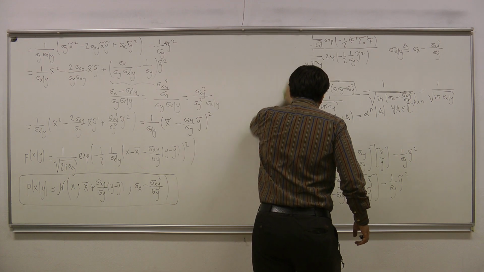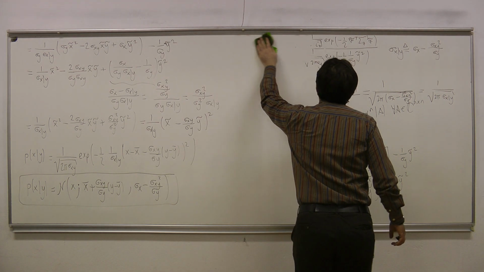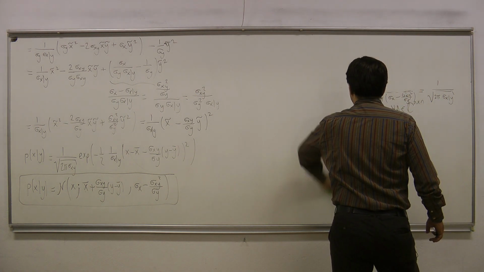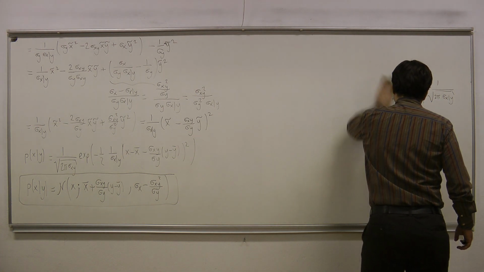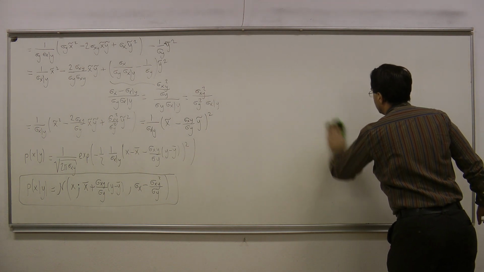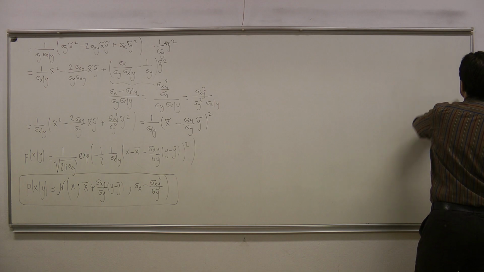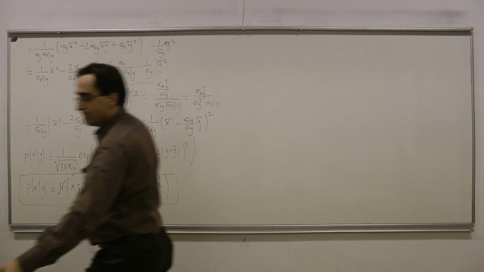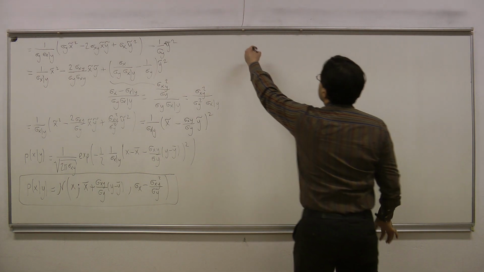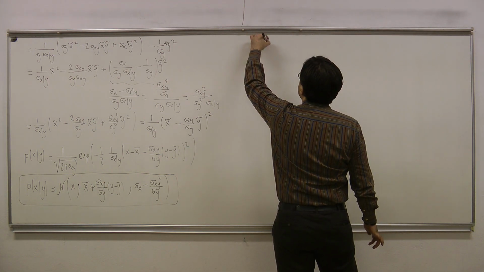So from this result, I can derive the conditional mean and conditional variance of the random variable x given y. Okay? So here the first thing that I'm going to write is this, p(x).